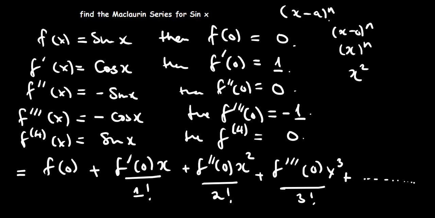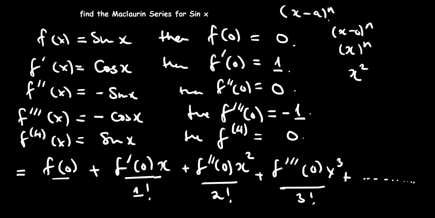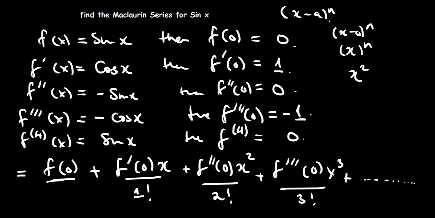So now, replacing what we have in this question, we already have f prime there, we have all these f double prime, and what are we going to get? If we replace the first one, we see that this part here gives us 0.